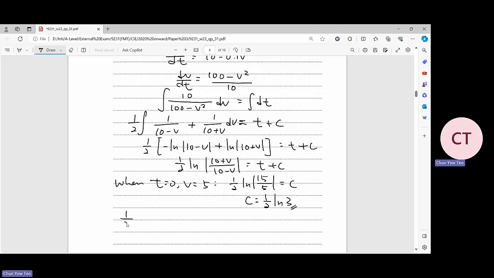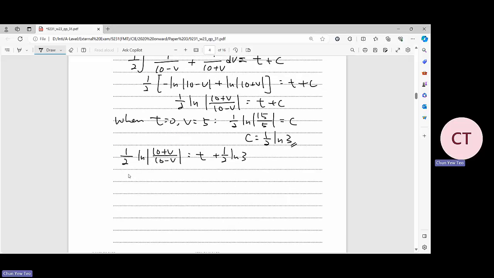Then replace it back into the equation just now. Join the half together. You get half of ln, this one minus ln 3, you will divide by 3. That means it will be division: 10 plus v divided by 3 of 10 minus v.